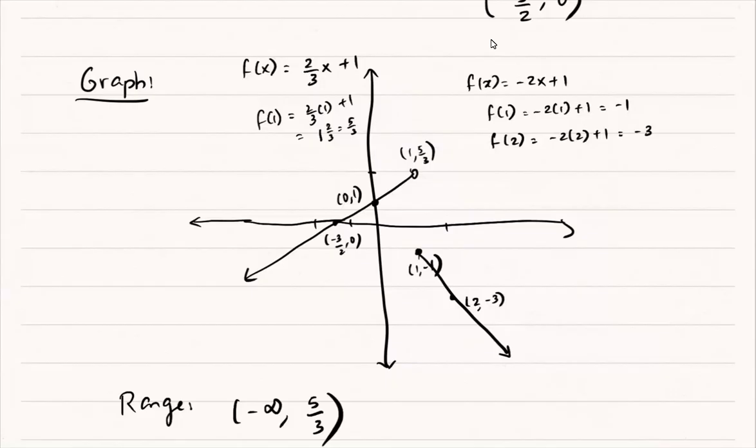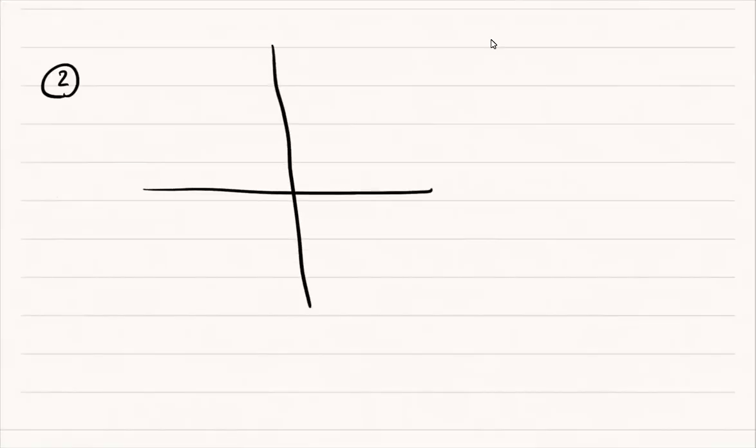All right. So now let's do another example where we work backwards to find the function from a graph. So in this example, I'm going to come up with a graph. Let's see what I come up with.